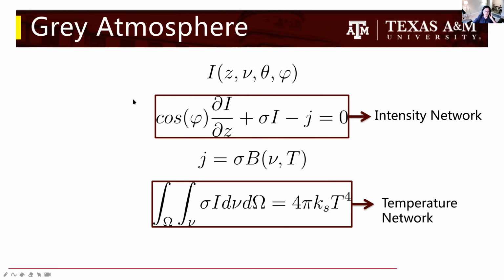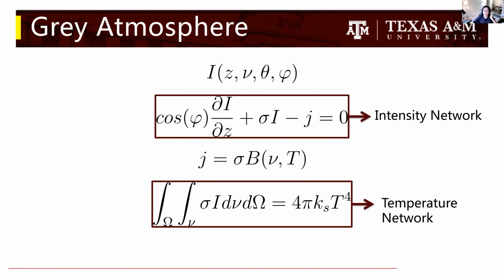We don't have the time derivative, but we have some modifications on the absorption and emission terms, sigma and j here. Sigma is gray, which means it is independent of the frequency, but the emission term j here is a Planck function, meaning the material is emitting light obeying the black body radiation law, which is the function big B here.